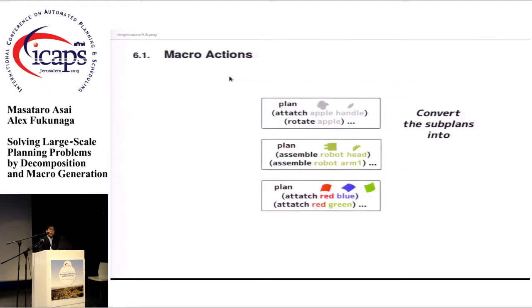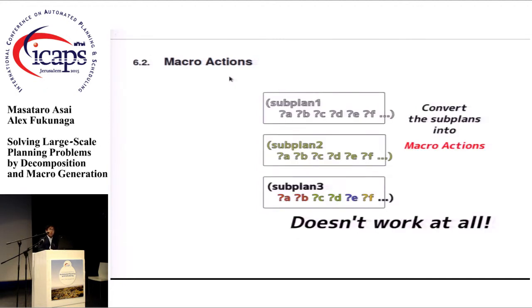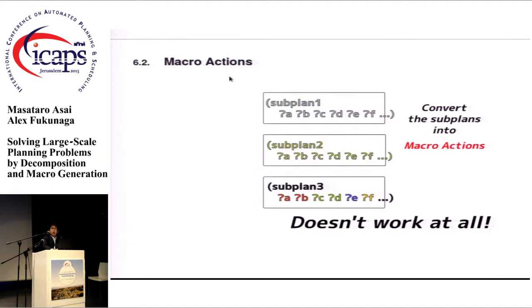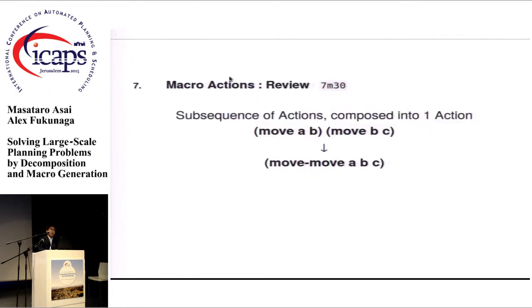To do that, the natural conclusion is to create macro actions for each of these subplans. However, although it is intuitive, it doesn't work at all. Why doesn't it work at all? I'll describe it in detail in the next section.